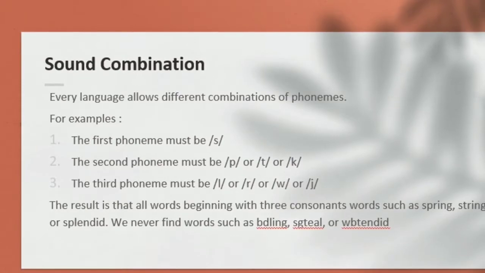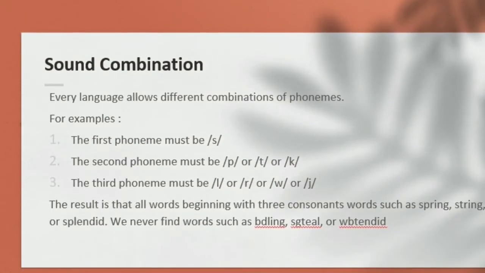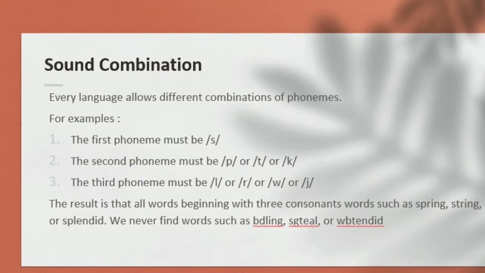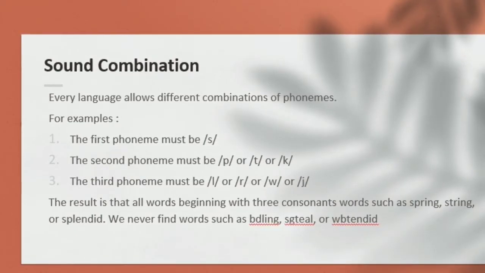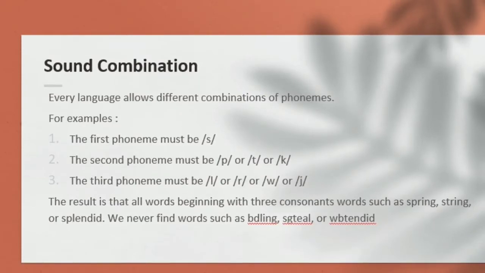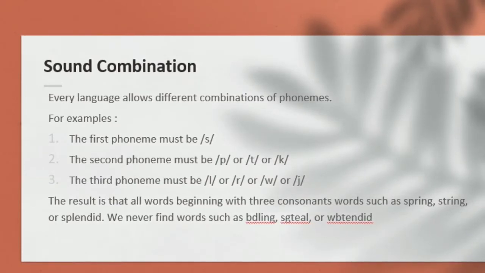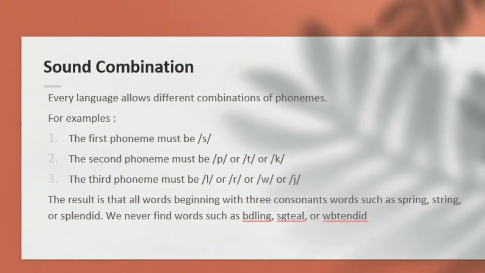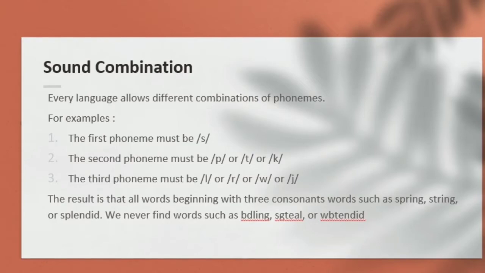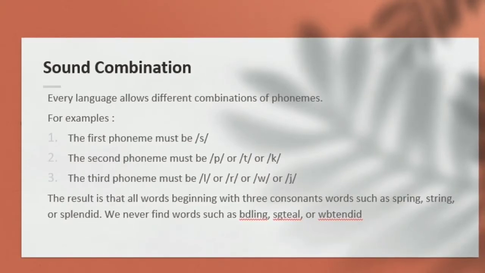For example, a word which begins with three consonant-type phonemes always obeys three strict rules. One, the first phoneme must be S. Two, the second phoneme must be P or T or K. Three, the third phoneme must be L or R or W or G.